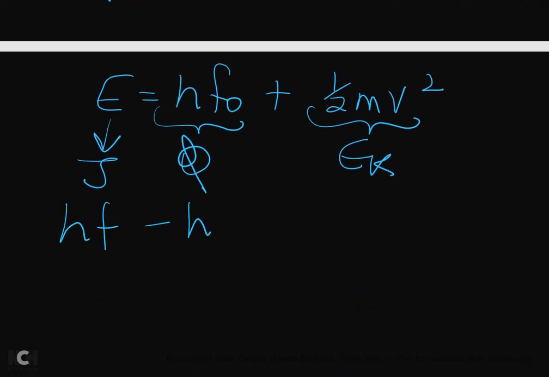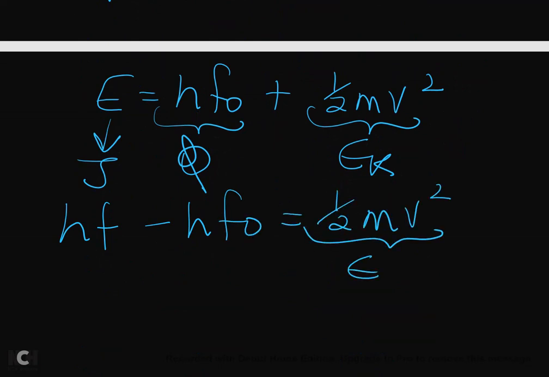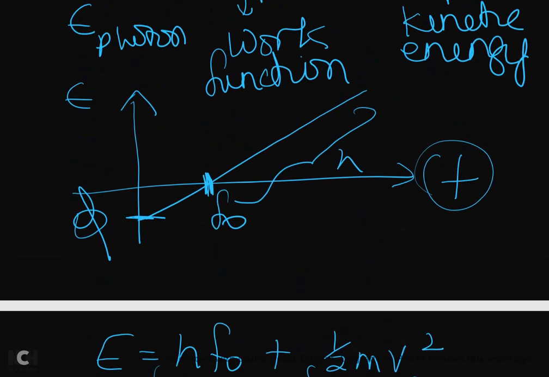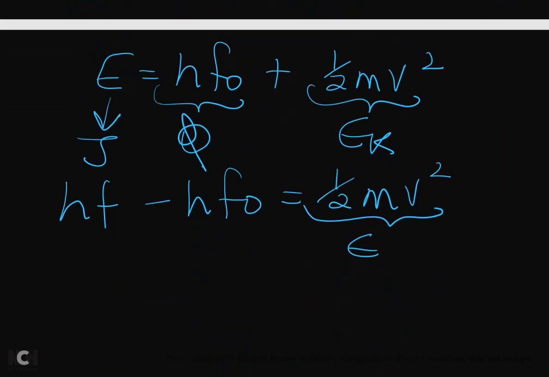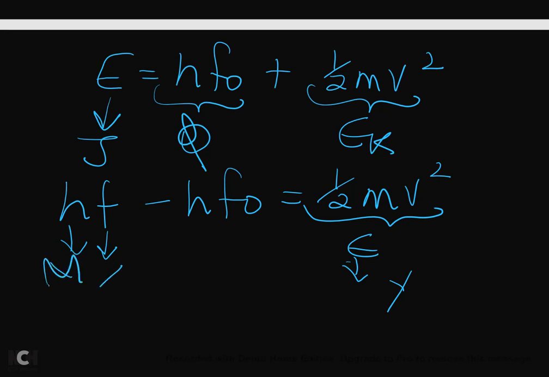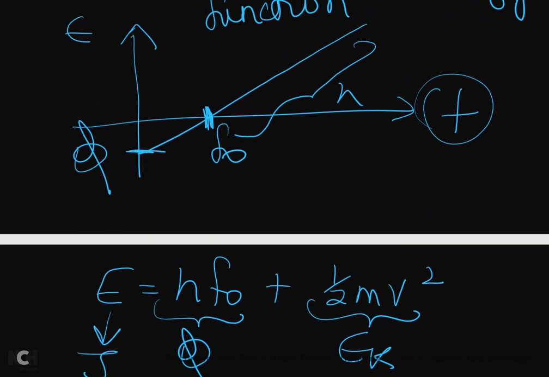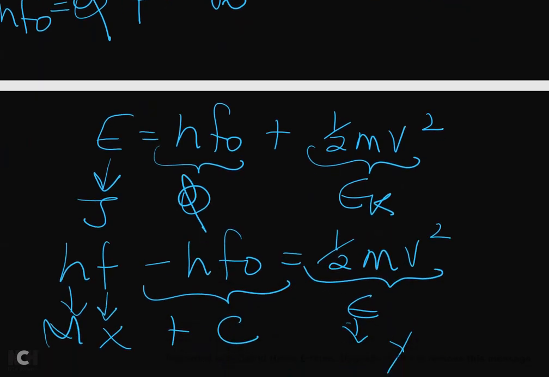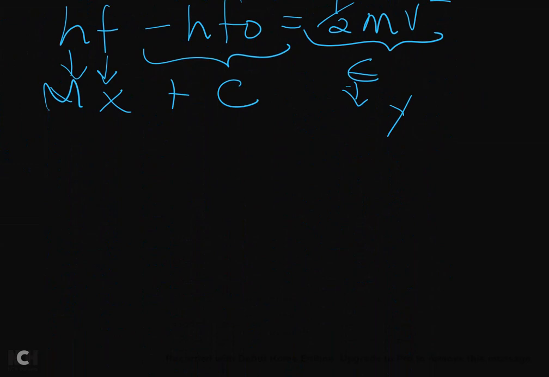So hf minus hf0 is the kinetic energy, a half mv squared. So this is the energy I'm plotting on my y-axis, and my frequency goes on my x-axis. So now I have successfully shown this equation in the form y equals mx plus c, and c will be the work function phi, which is hf0. The gradient of the graph is equal to Planck's constant.